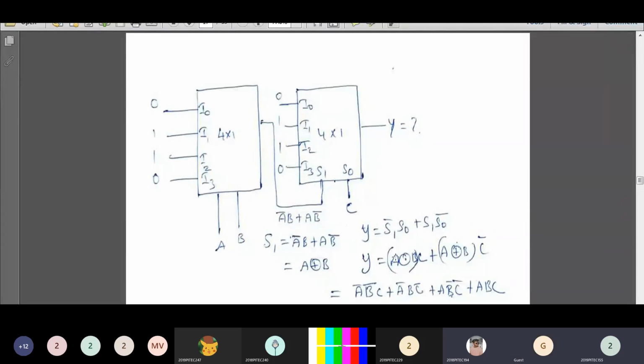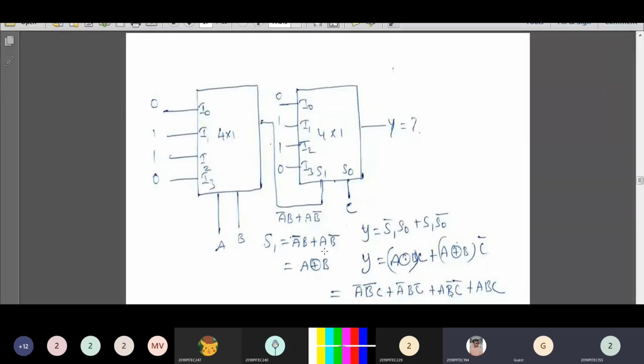Here you have to substitute the value of S1, because one selection input of the second mux is S1. S1 is nothing but the output expression of the first multiplexer, so S1 will be A XOR B. Instead of S1, you substitute A XOR B. S1 dash means you have to take the complement of S1.